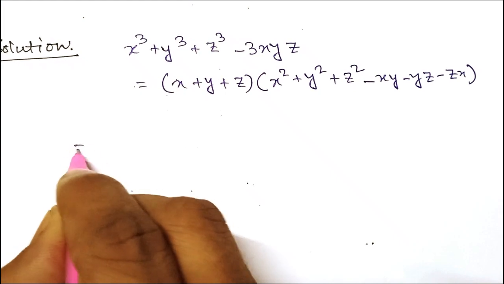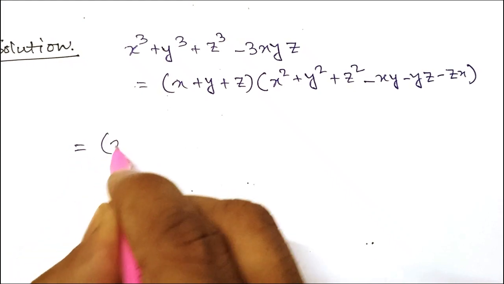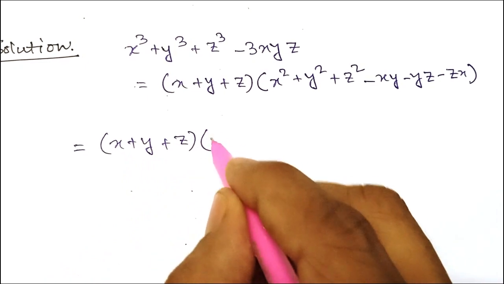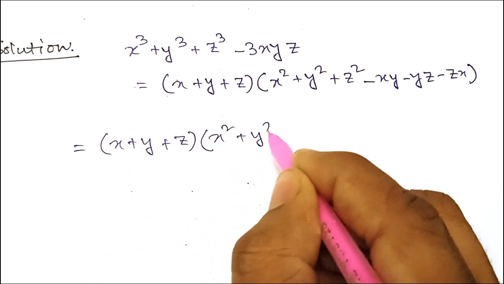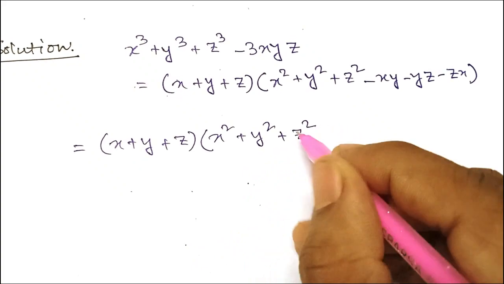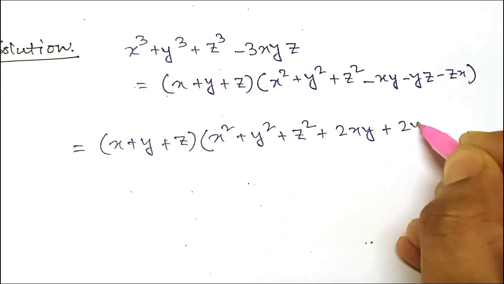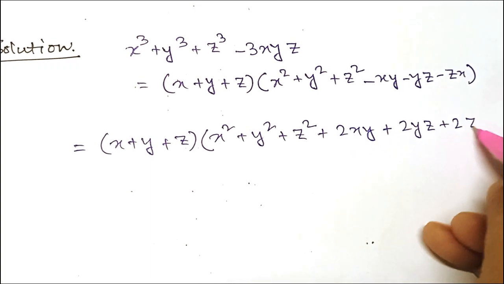Write this as x plus y plus z into x square plus y square plus z square plus 2xy plus 2yz plus 2zx.